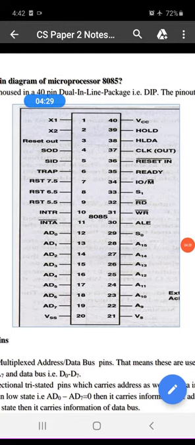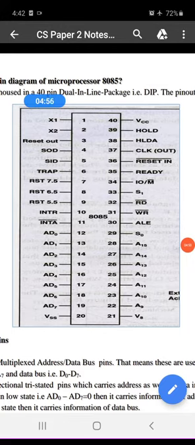Now pin number 21 to 28: in the diagram it is written as V8, but actually it is A8. Pins A8 to A15 carry the 8 MSB of the address. The total address of 8085 is 16 bit. So the LSB is given on pins 12 to 19, whereas the MSB is put on pins 21 to 28.